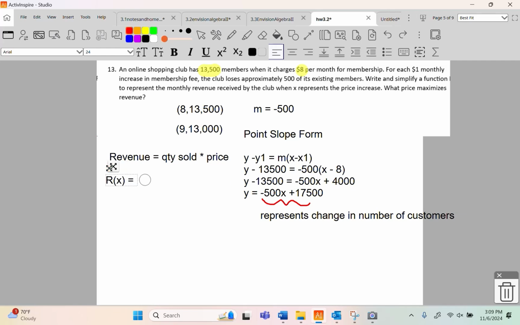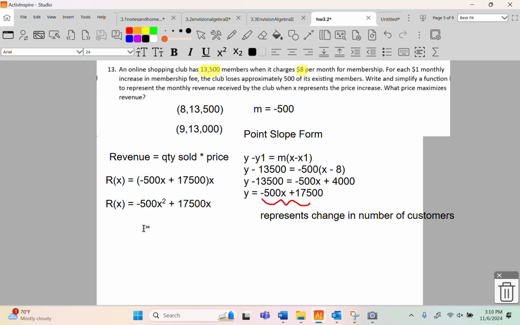The quantity sold here is the function negative 500 plus X, I cannot talk, plus 17,500 times the price X. And then, of course, you all have heard of standard form. We distribute the X: negative 500X to the second plus 17,500X.